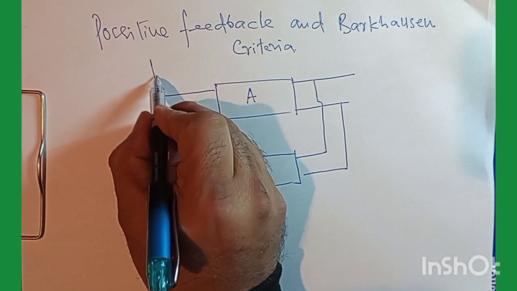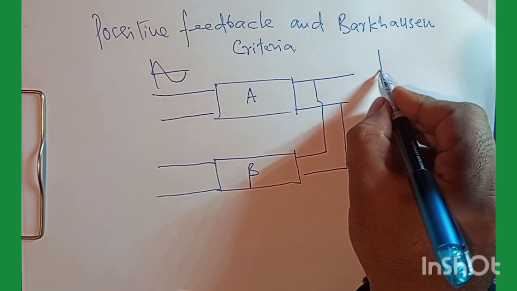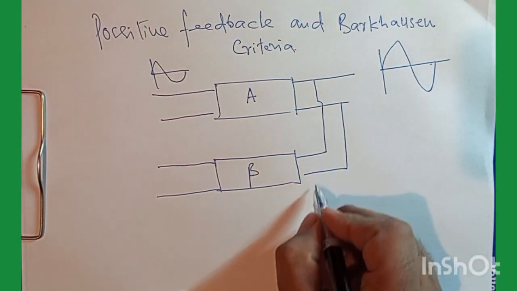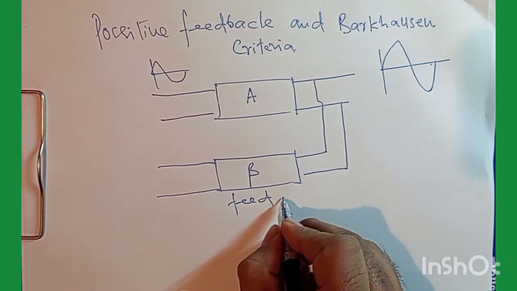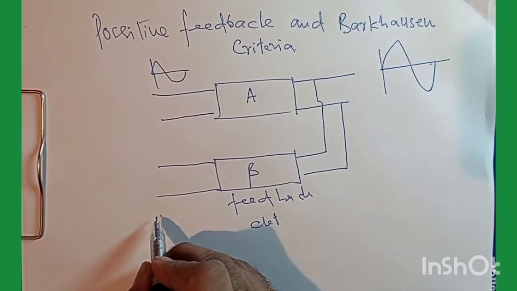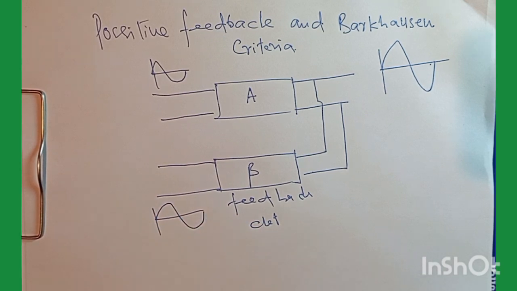So we have a signal, and then this signal is amplified, and this signal is subjected to the feedback circuit, and we obtain a signal out here.